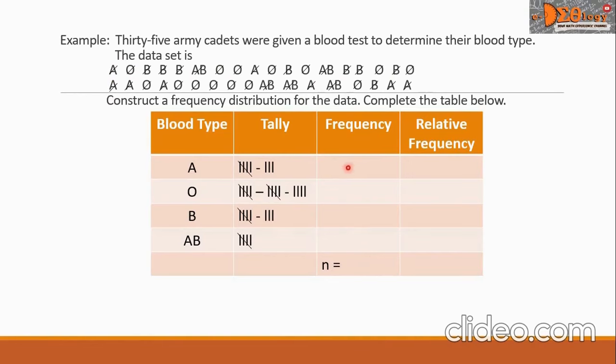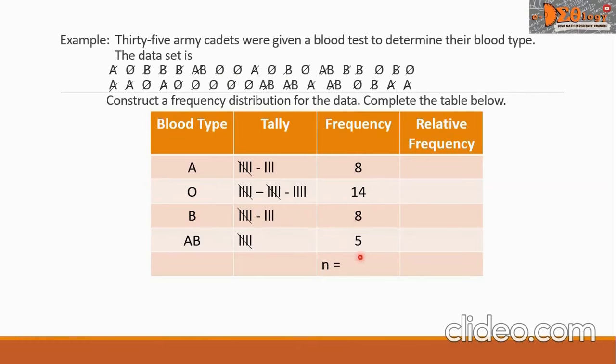We will simply count the tallies for each blood type. So for our first blank, this is for the blood type A, so we have 8. For the next, we have 14, and this is for the blood type O. The next frequency is 8 for blood type B, and the next is 5 for blood type AB.